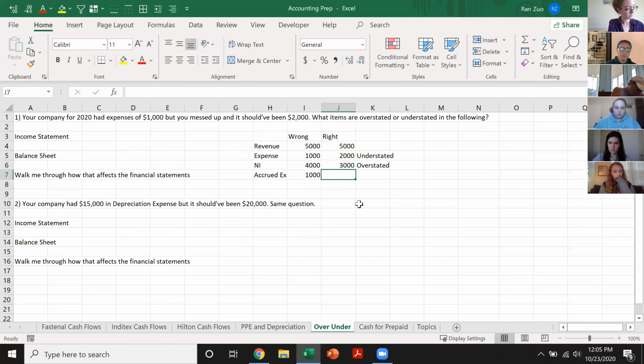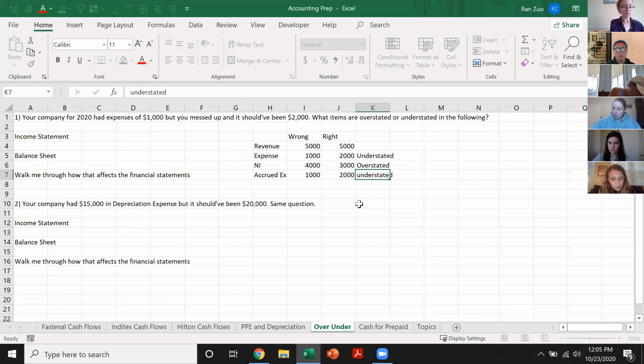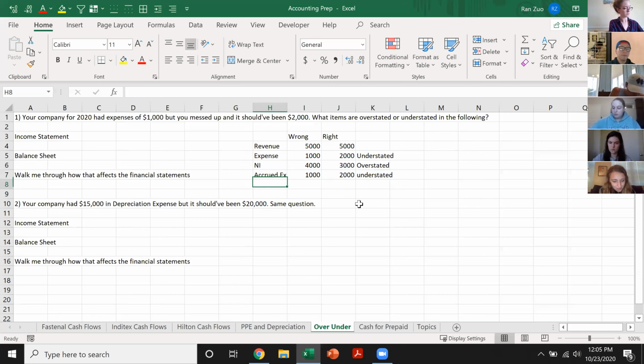It should have been 2,000, right? So your accrued expenses, or your liabilities in general, are overstated or understated? Understated. Yes, understated. Should have been 2,000. You told them it was 1,000. That makes sense?